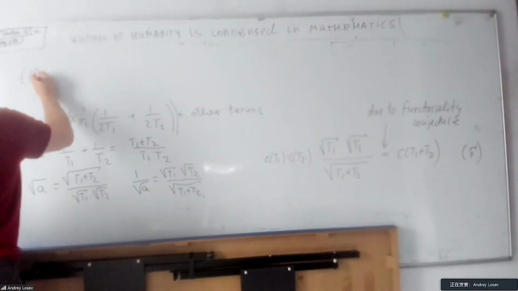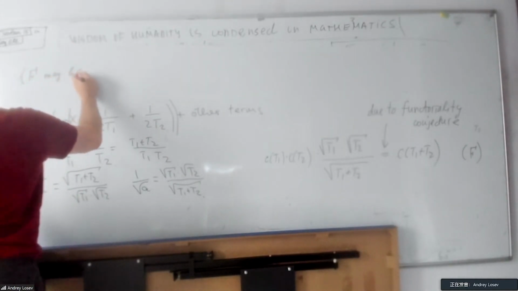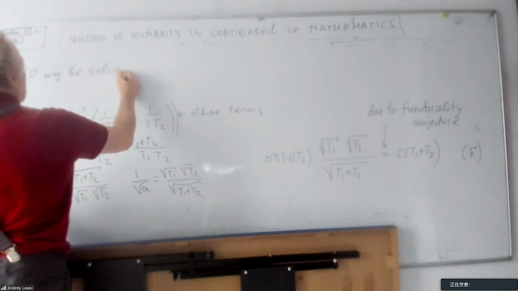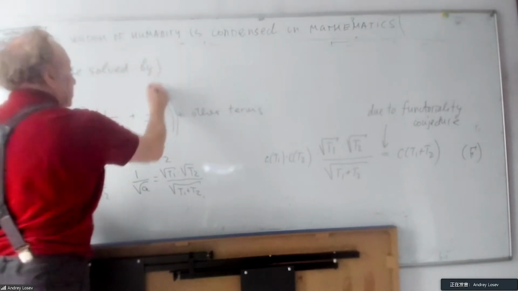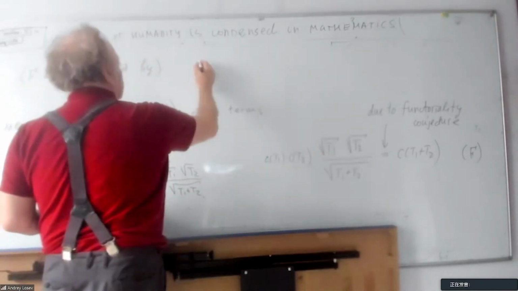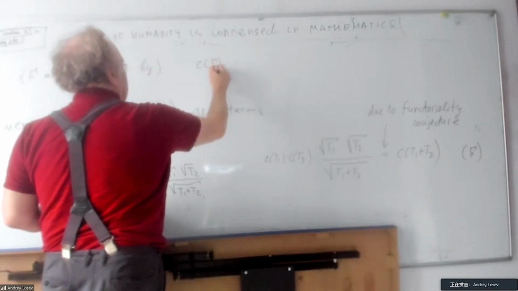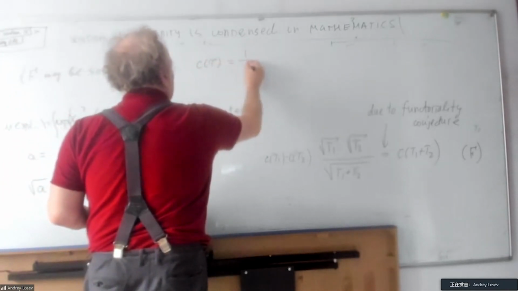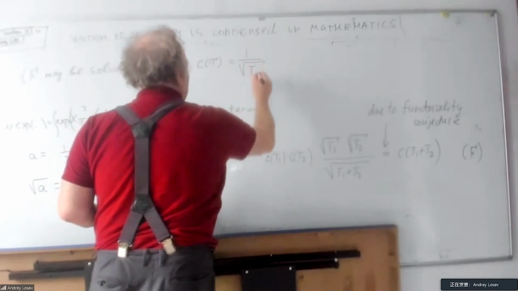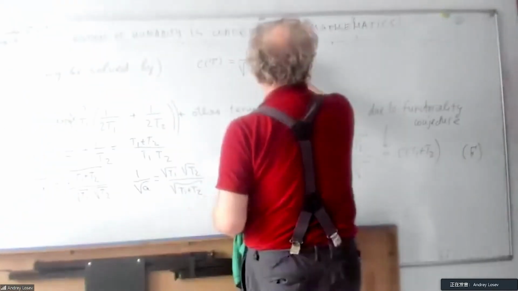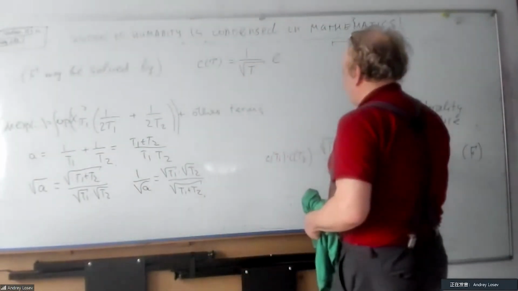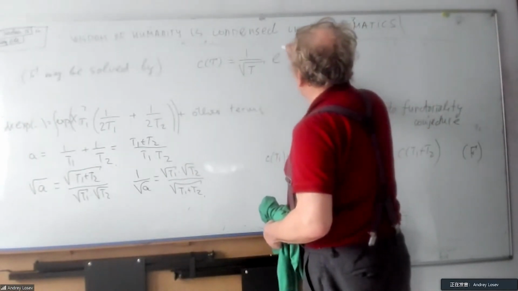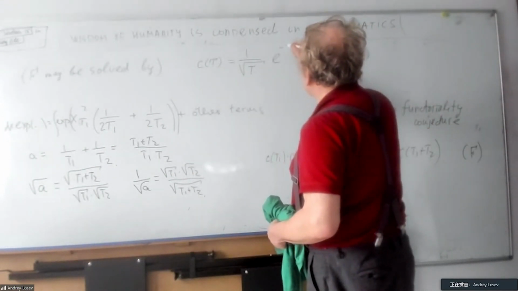So F may be solved by C of t equals 1 over square root of t. And here I have a freedom. And the freedom is exponential.